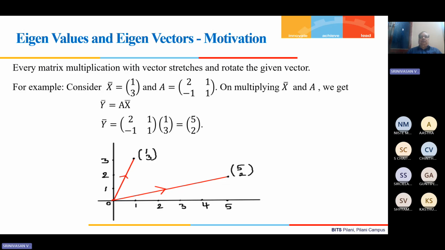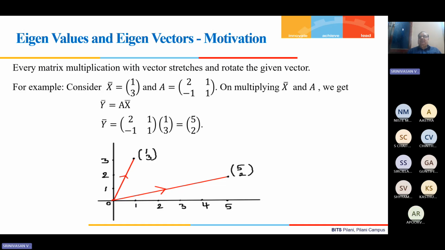Suppose you take 1, 3, the vector, as a point. When you plot it on the two-dimensional plane as 1, comma 3, on the x-axis you have 1 and on the y-axis you have 3. So it is the point 1, comma 3 or the vector 1, 3. And next, after getting it multiplied with the matrix given, you have vector y, which is 5, 2.